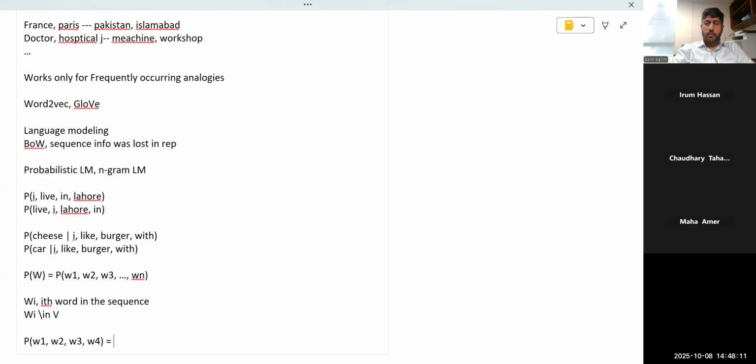Using probability theory and the product rule, you can rewrite this as the last word, W4, given W1, W2, W3, multiplied by the probability of W1, W2, W3. Simply applying the product rule, I conditioned the last word on the previous words and then multiplied by the probability of the previous words, the context.